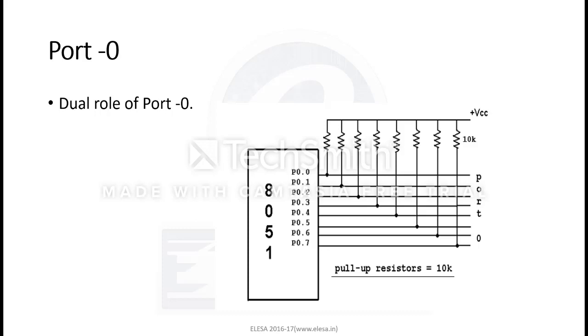Also remember that port 0 is open drain, so pull-up resistors are required to use it as an output port. We can see in the diagram 10k ohm pull-up resistors connected to each port pin. Later in the slide, I will tell the importance of pull-up resistors.